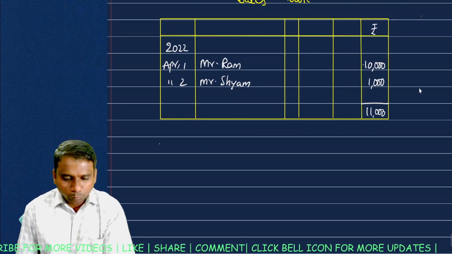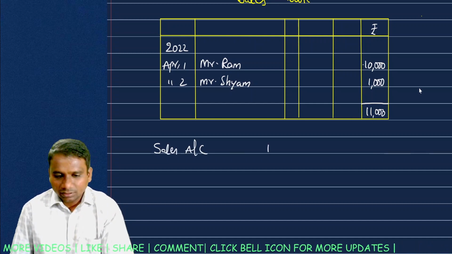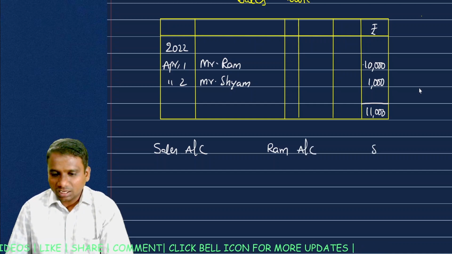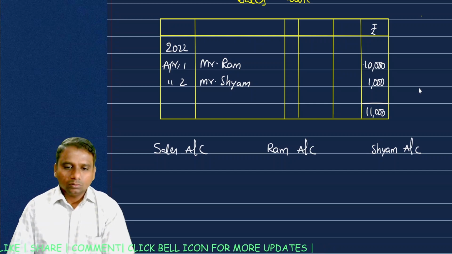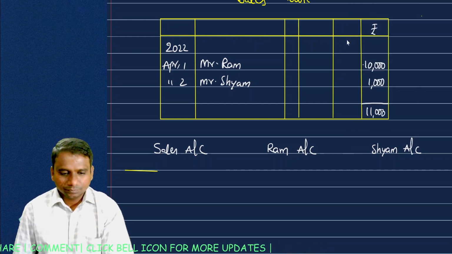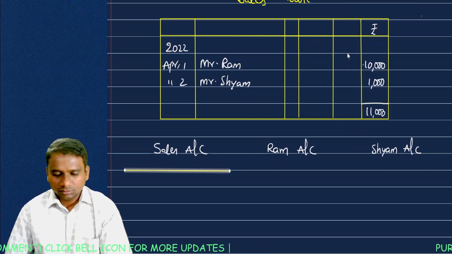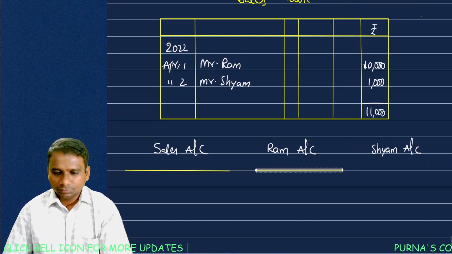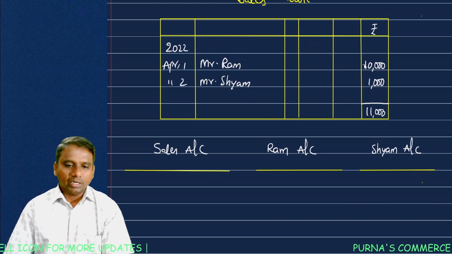Now, this we post into sales account, Ram account and Shyam account. Yes or no? Sales account, Ram account and Shyam account.